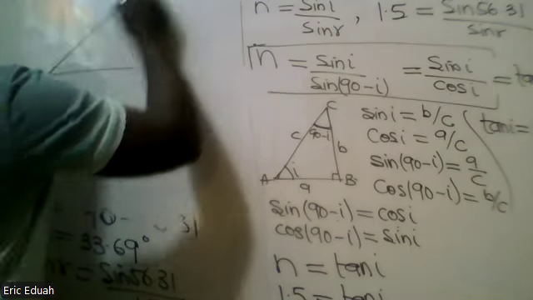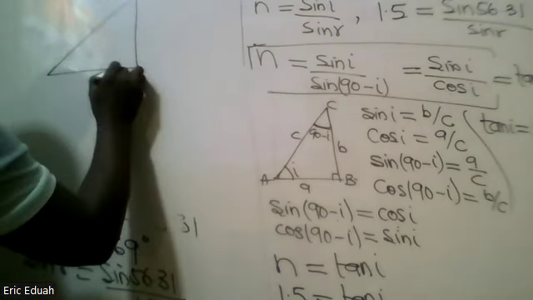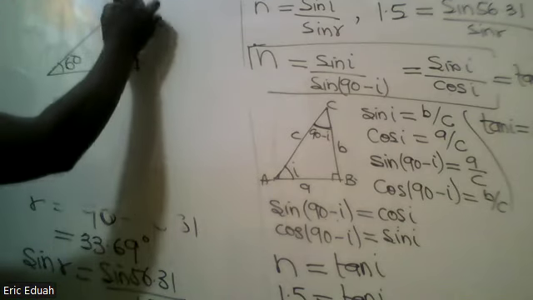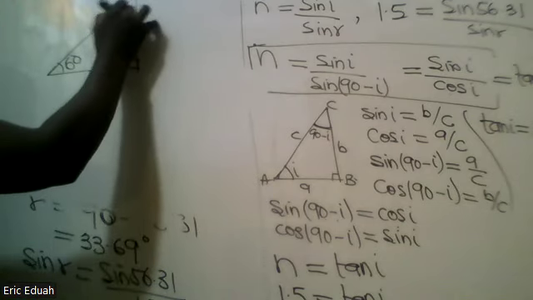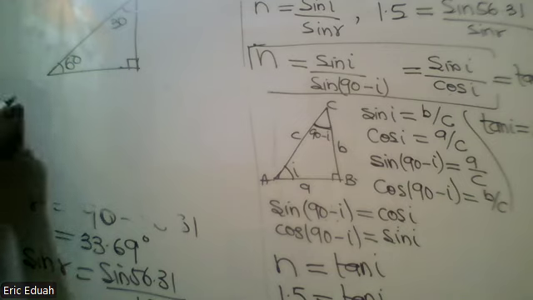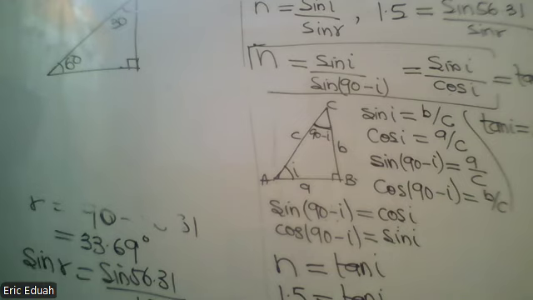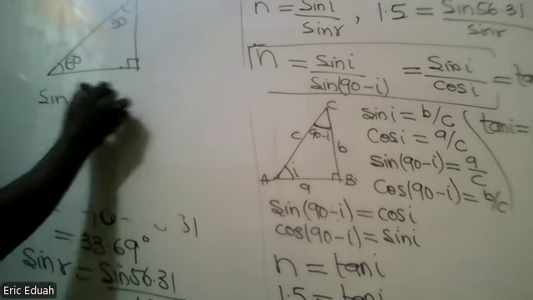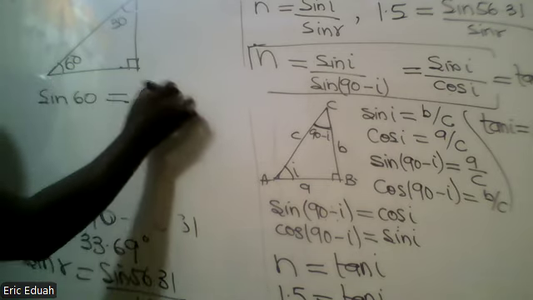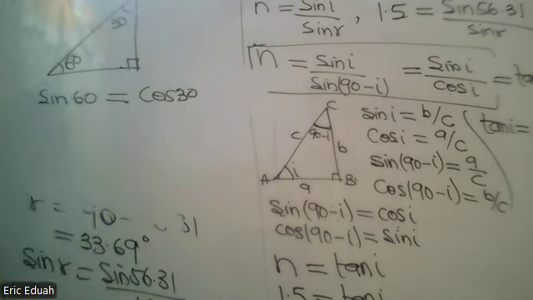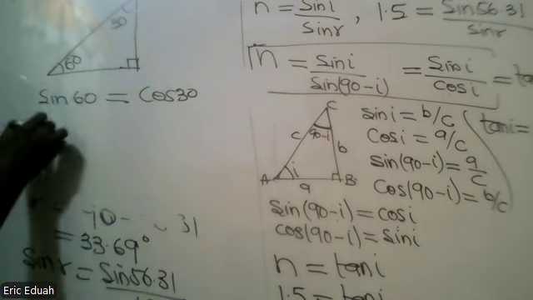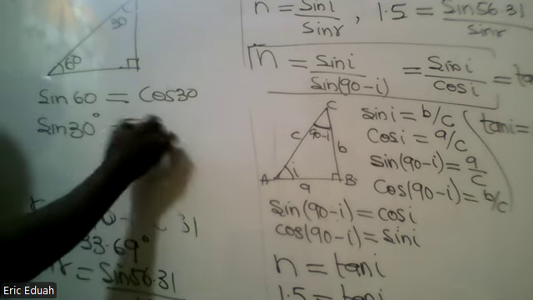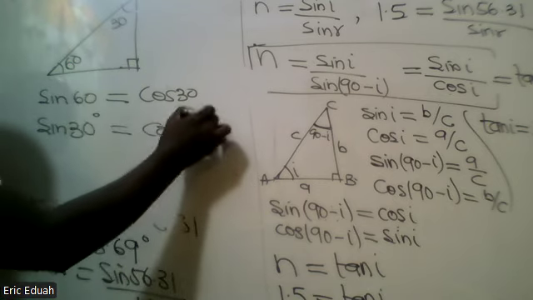If you have a right angle triangle and one angle is 60, the other angle will be 30. The sine of 60 degrees must be equal to the cos of 30 degrees, and the sine of 30 must be equal to the cosine of 60.